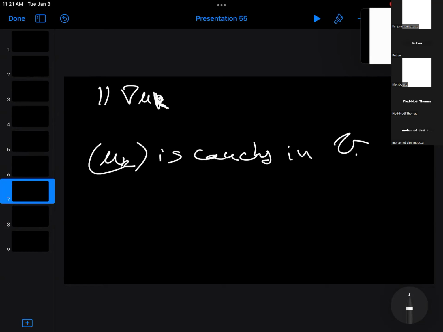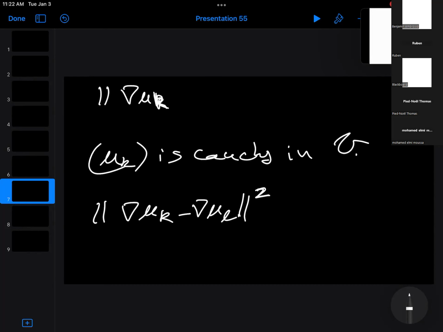All right, but in order to prove that, let's look at this quantity. The difference of uk and ul in L2, I don't have a problem because I know that the sequence is converging, but I need an estimate on that. So this is a big question.